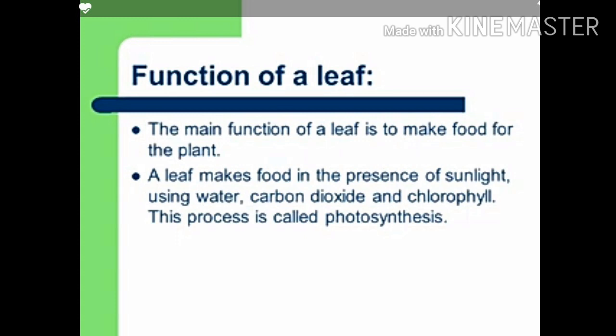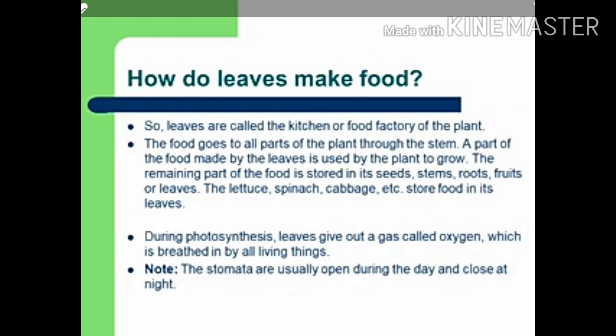Now, let us learn how leaves make food. As I told you, leaves are called the kitchen of the plant. The food goes to all parts of the plant through the stem. A part of the food made by the leaves is used by the plant to grow.